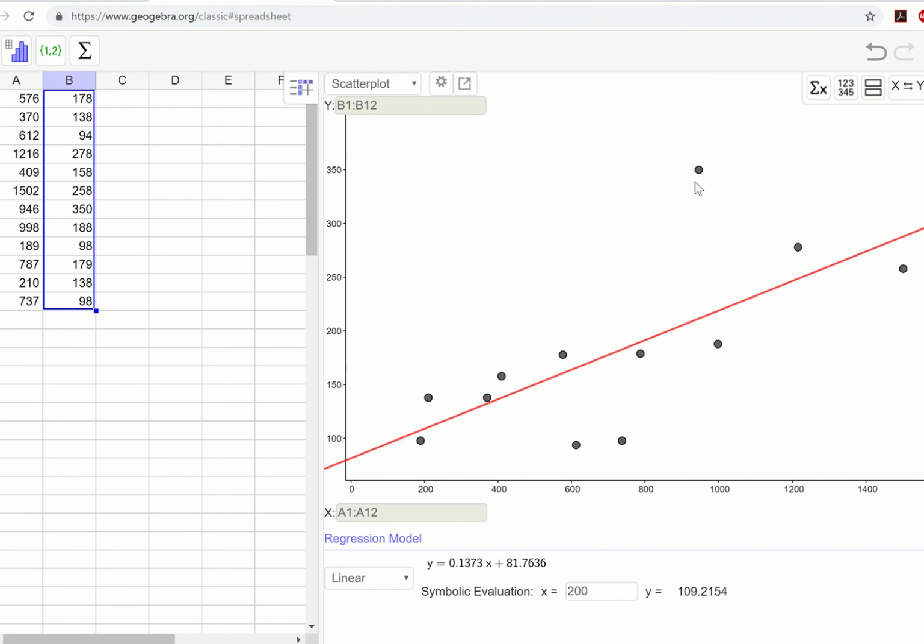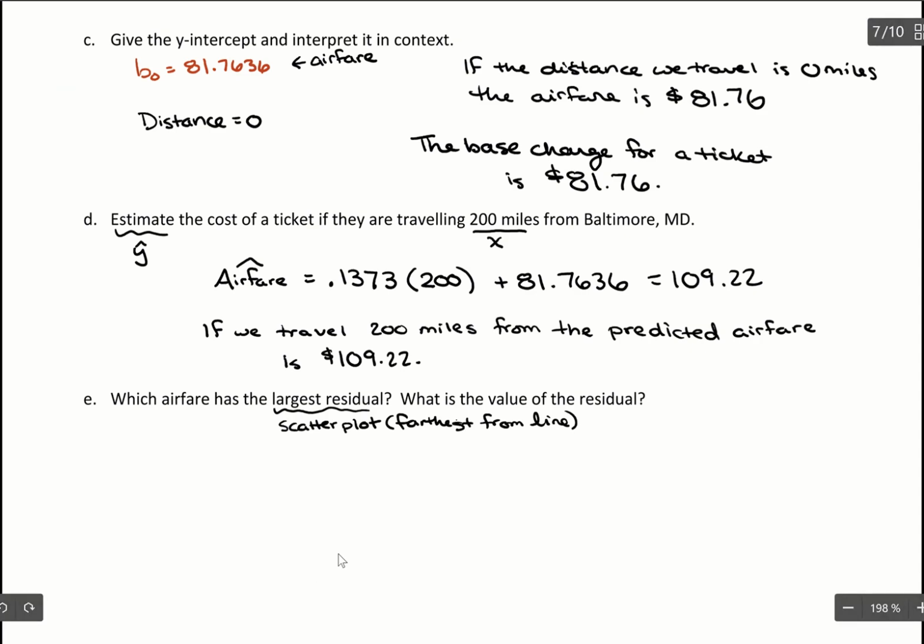So what would probably be easiest is this going to be the value with the highest airfare. So that airfare of $350 and with the distance of 946, that's going to be making this largest value here. So it's that point 946, 350.